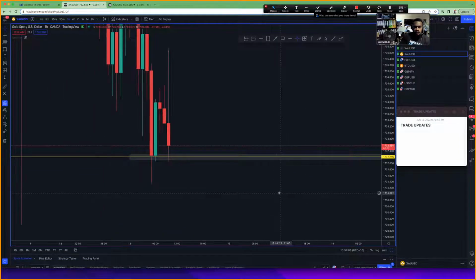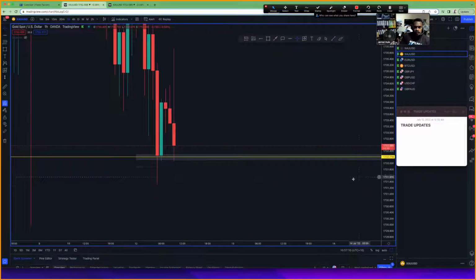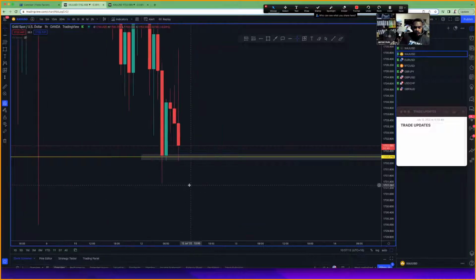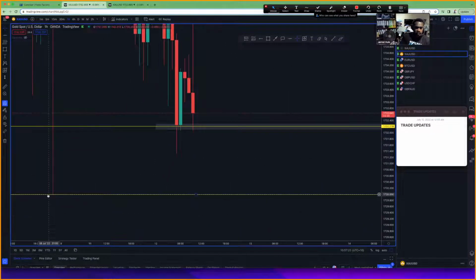I think if we have a candle close below 1732.100, we can potentially come down and fill this wick to the left, potentially reaching this low over here at 1730.